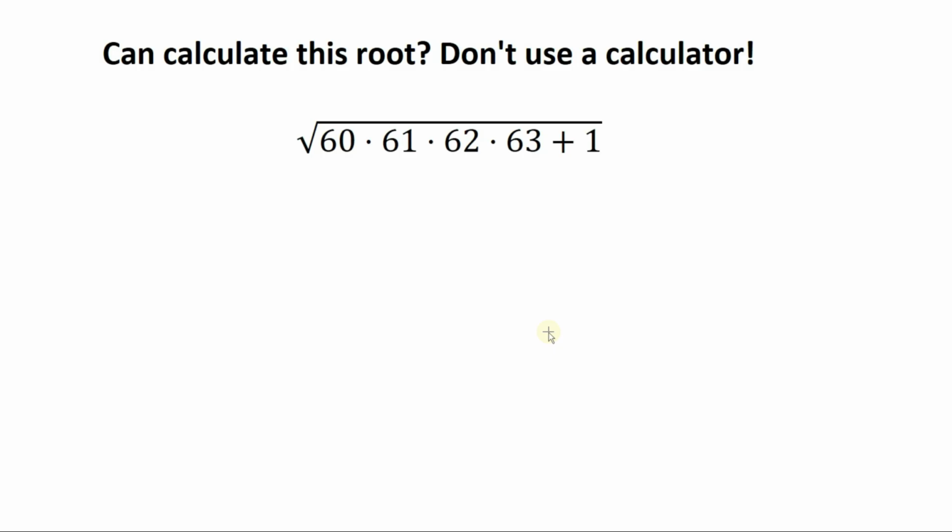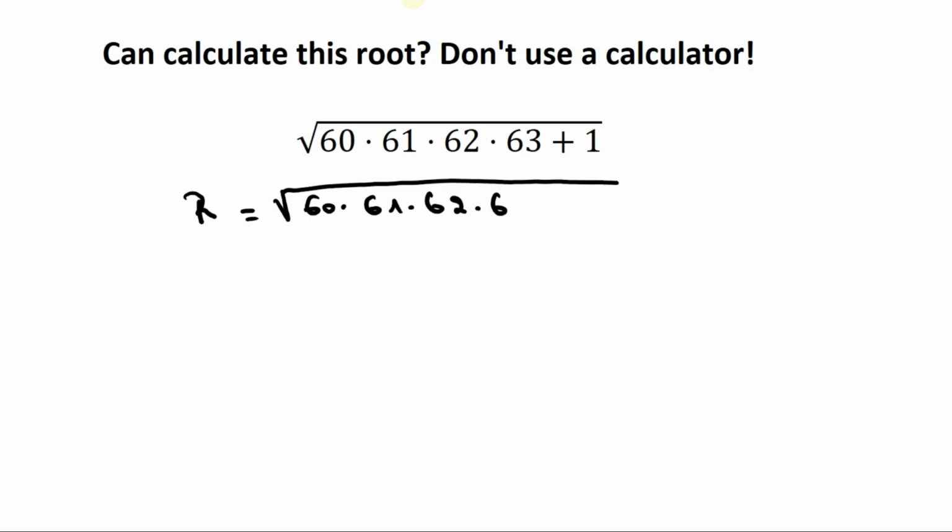To solve this kind of root, I do it this way. I first call this root r, then r is equal to the square root of 60 times 61 times 62 times 63 and then plus 1.